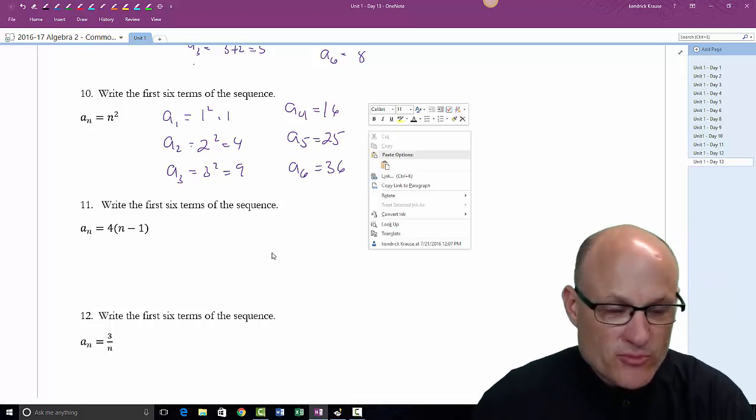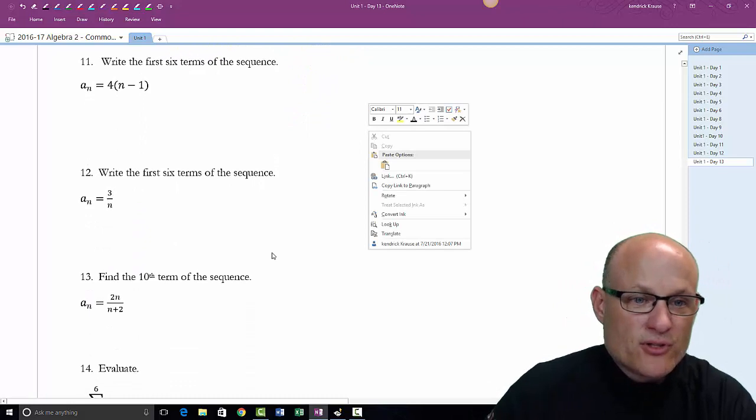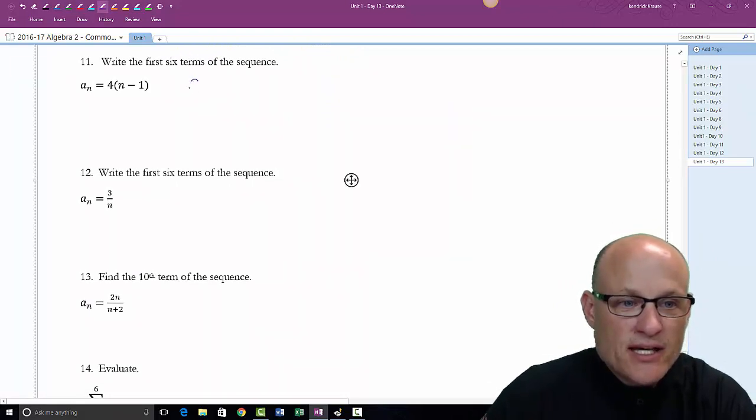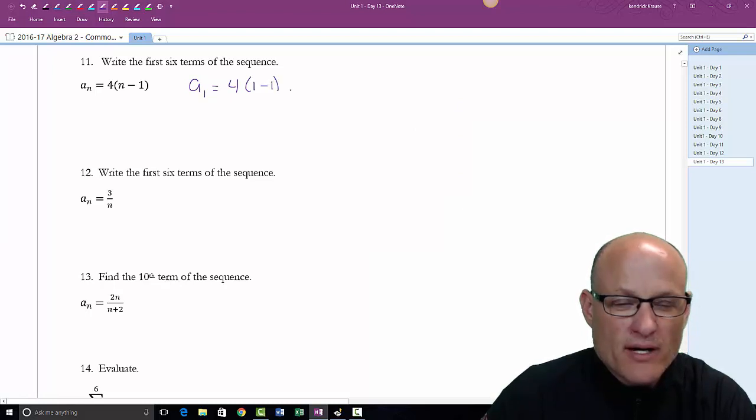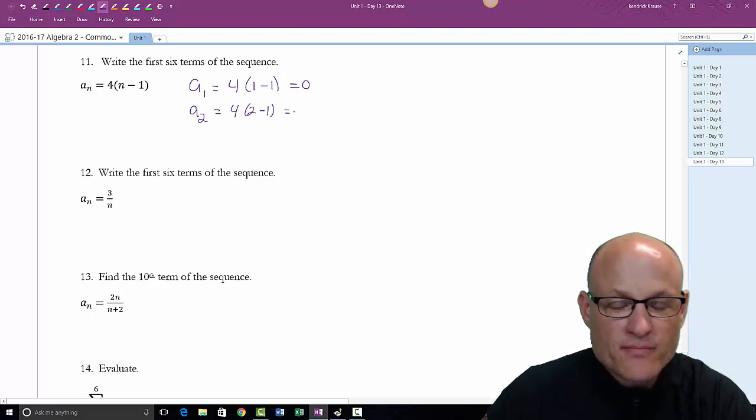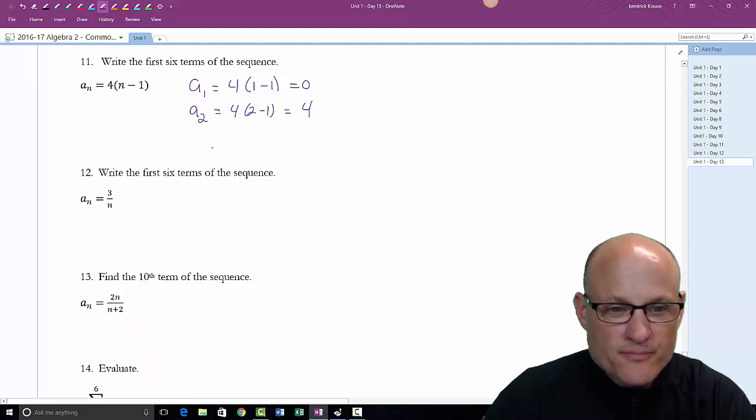Write the first 6 terms of this sequence. All right, so let's see. A sub 1 is equal to 4 times 1 minus 1. 1 minus 1 is 0. 4 times 0 is 0. A sub 2 is equal to 4 times 2 minus 1. And that would be 4. And then a sub 3 is equal to 4 times 3 minus 1.